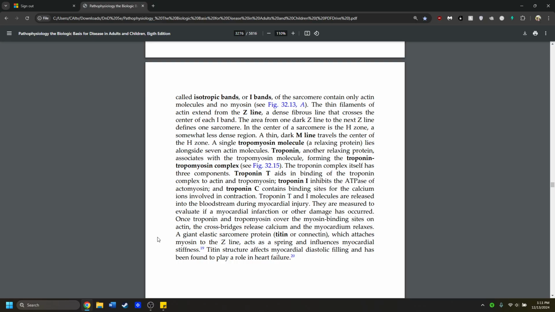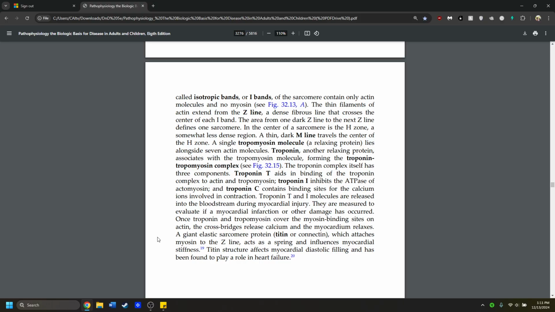Troponin I inhibits the ATPase of actomyosin, and troponin C contains binding sites for the calcium ions involved in contraction. Troponin T and I molecules are released into the bloodstream during myocardial injury. They are measured to evaluate if a myocardial infarction or other damage has occurred.